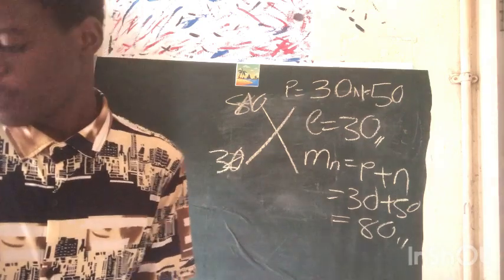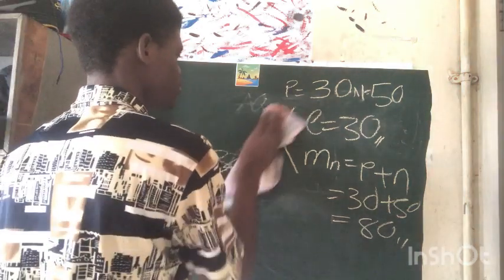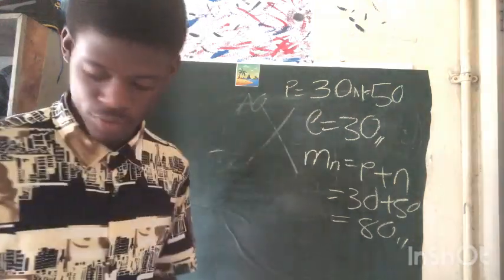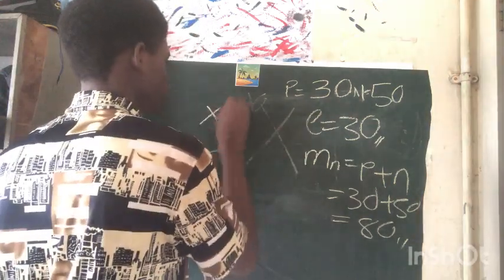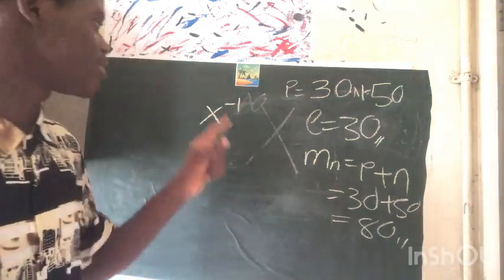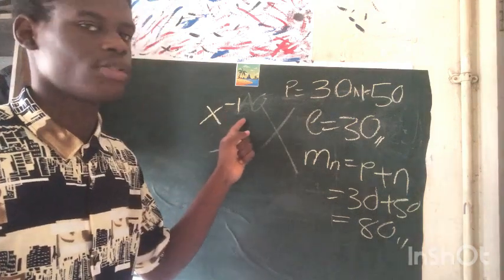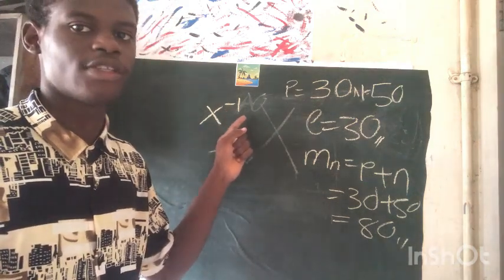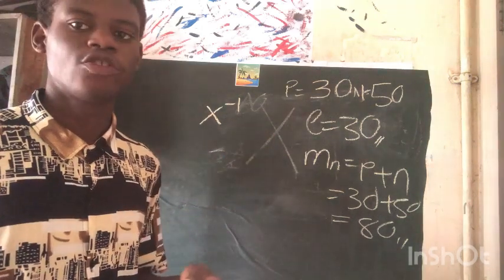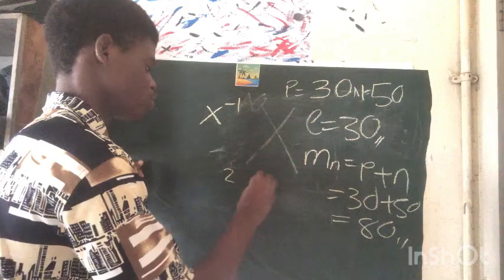So that's just it. But if they ask you about an ion, an ion can be a negative ion or a positive ion. If you have a negative ion like this, and it's -1, it means this thing just gained an electron. How do you know it gained an electron? It's having -1. Some people might think, since it's minus, it's losing an electron. No, it's gaining an electron. Why? Because electron is negative. So initially, let's say this thing has 2 protons, 2 electrons.